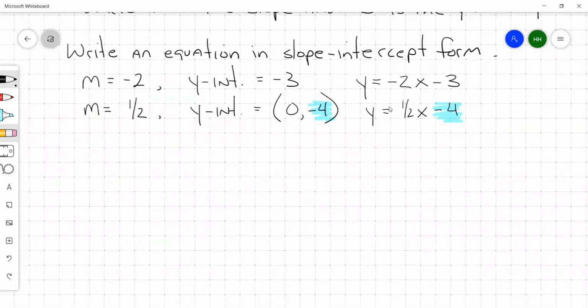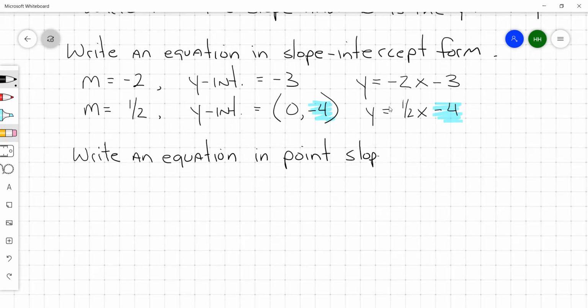Second part of your assignment, you're going to write an equation in point-slope form. In all of these cases, you're going to be given the slope.